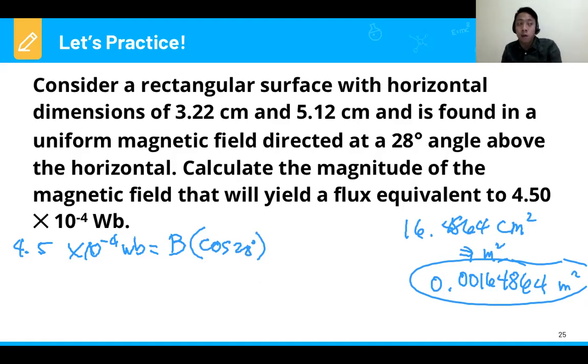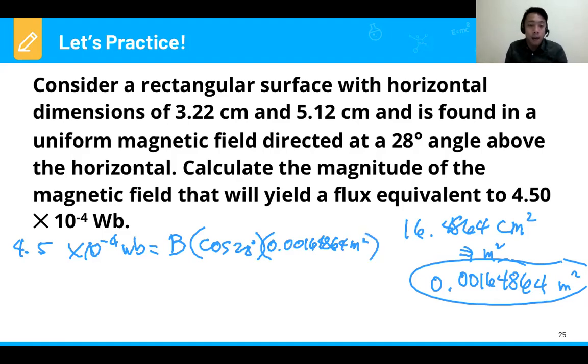So kung meron kayong word na makitang inclined, we need to use the complementary angle. But if you didn't see any word that is inclined, then just use the angle as it is. Okay, so 28 degrees angle. And the area, which is 0.00164864 meters squared.